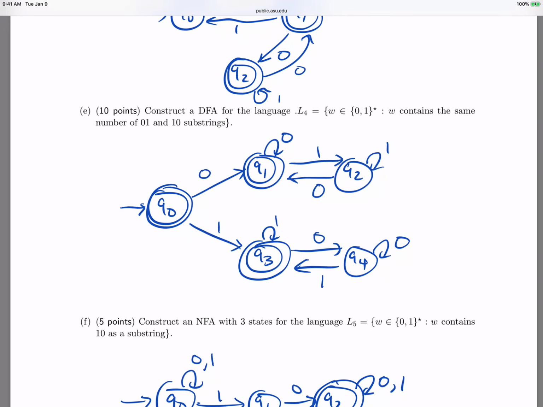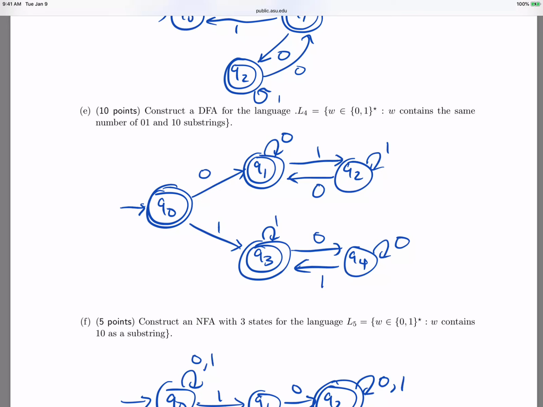Question E, I think I asked in class for you to think about and try yourself. The number of 0 1 and 1 0 substrings is the same. So if you have a 0 1 somewhere, and let's suppose this string is in this language, what must you see at some point?